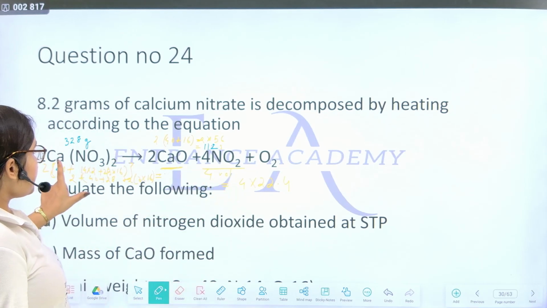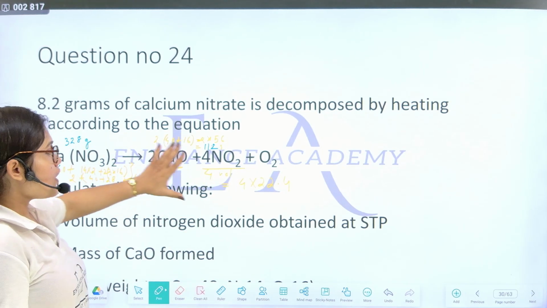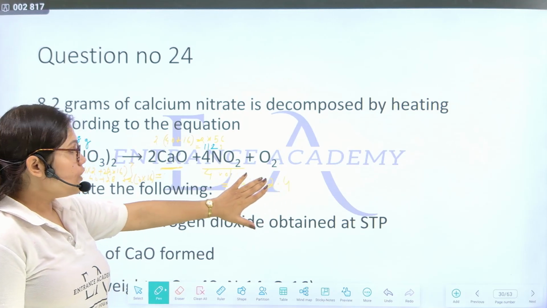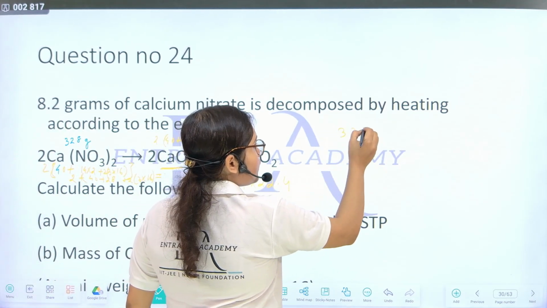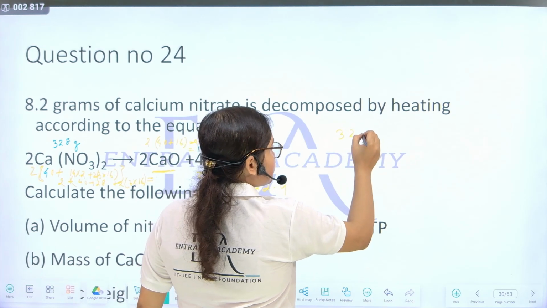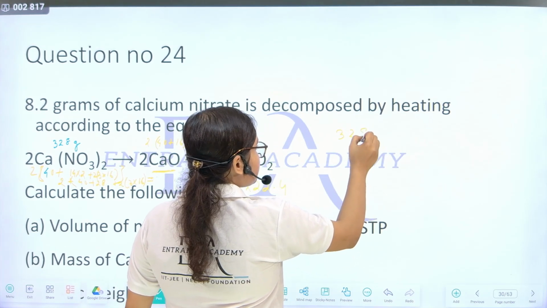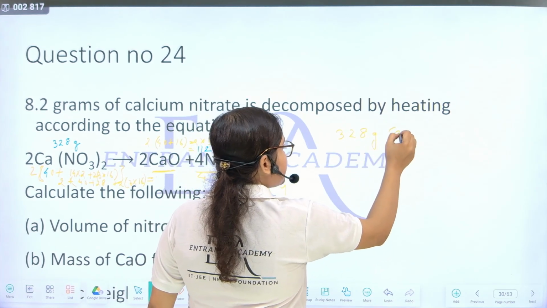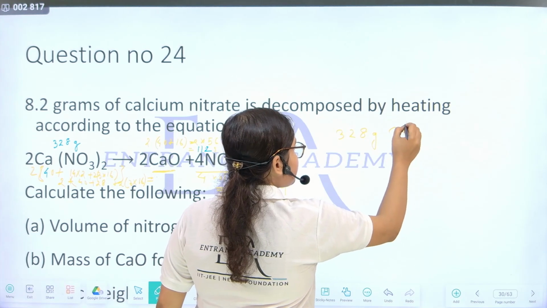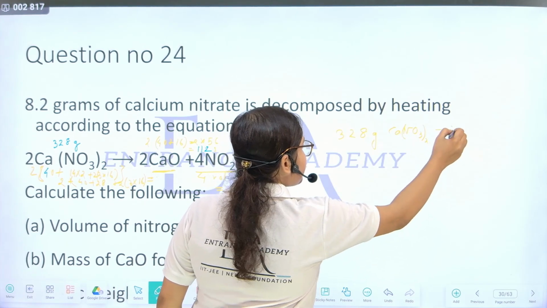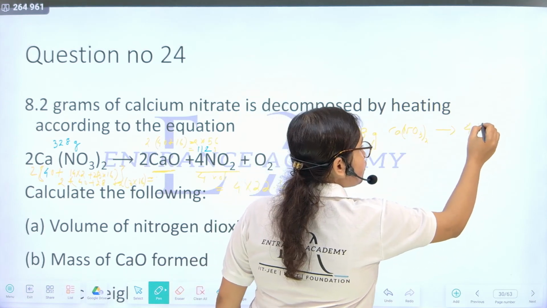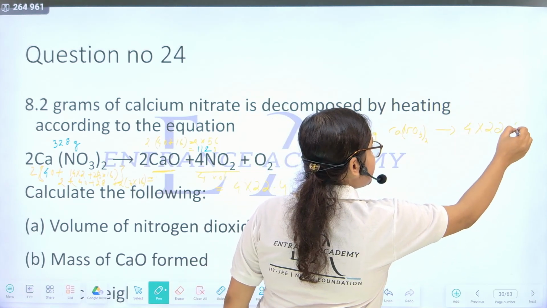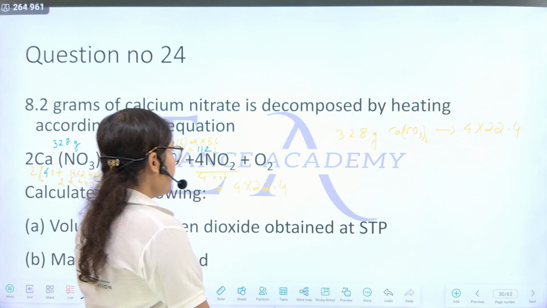From 328 grams of calcium nitrate we have 4 into 22.4 liters of nitrogen dioxide.